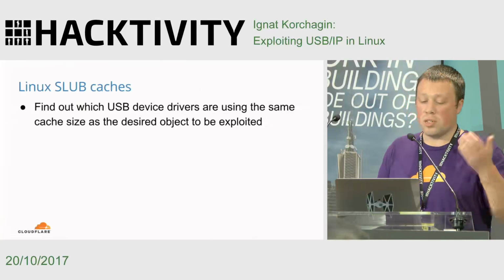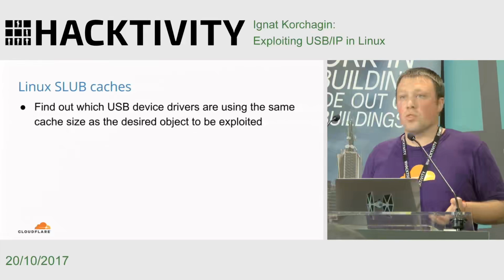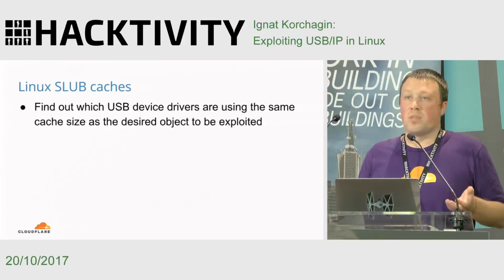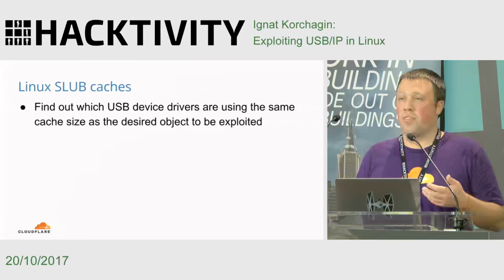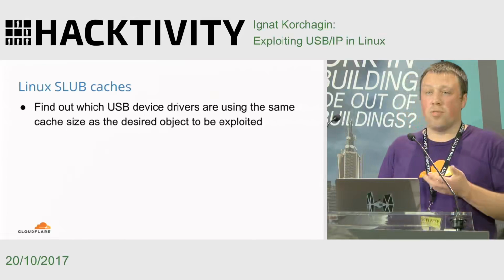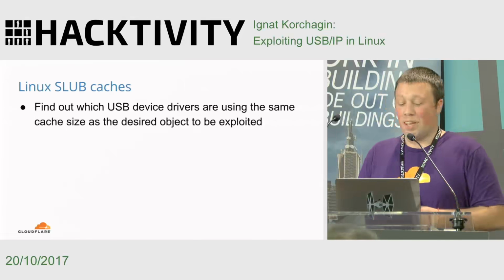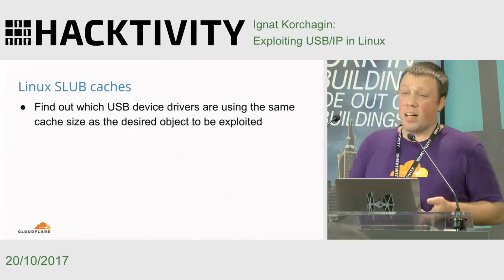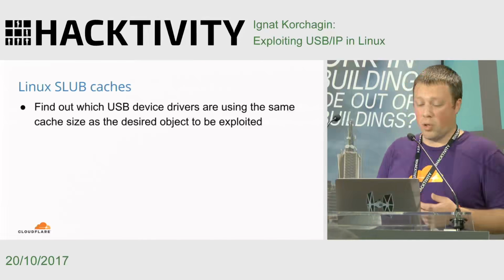So what you have to do is scan all the USB drivers available in the mainline Linux kernel and find the devices which allocate buffers in your desired slab cache, the one you want to exploit.